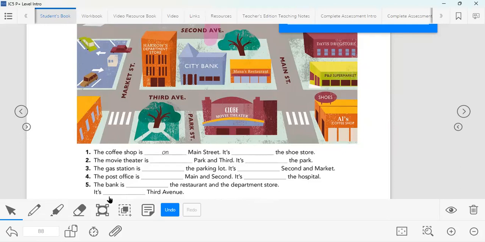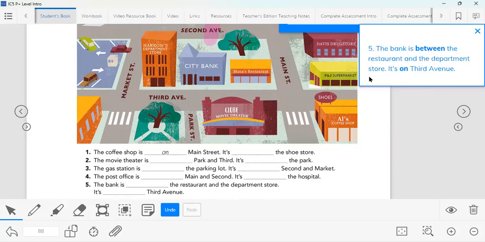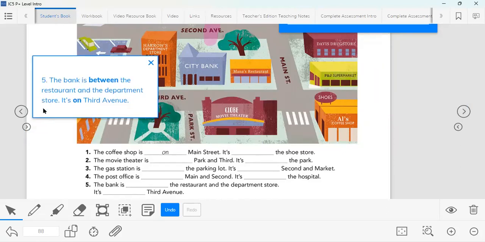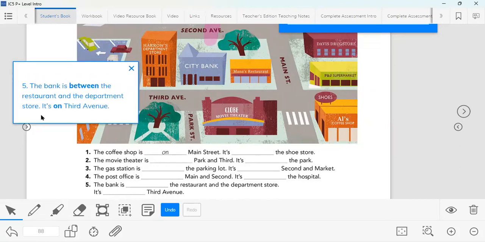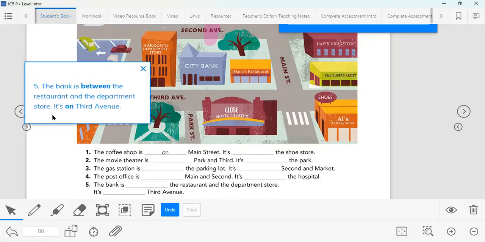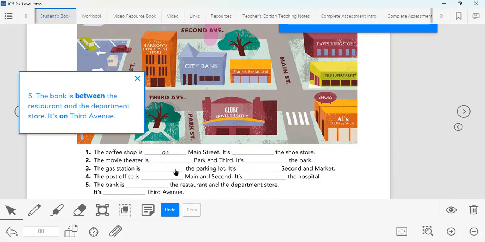And the other option, it's? On 3rd Avenue. Correct, 3rd Avenue. I see just one street. I use on 3rd Avenue. You see? It depends. You see, Mr. Rivera, it depends on the position what I will use, okay? Depende de la posición lo que vamos a usar. So in this case, vio dos cosas, immediately between.